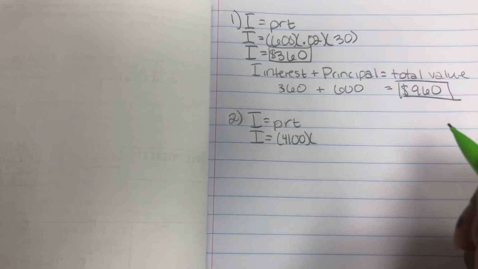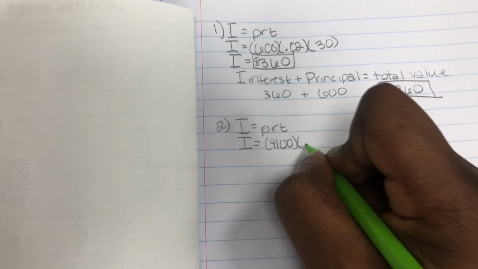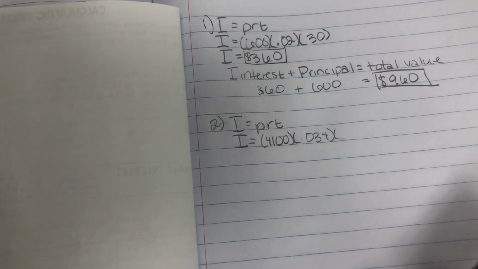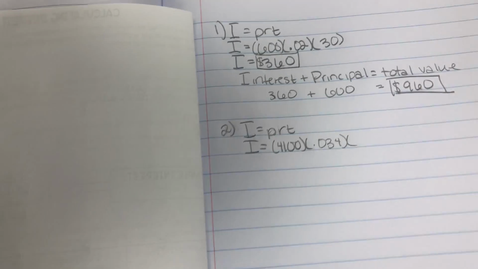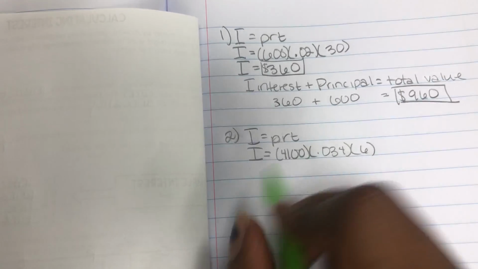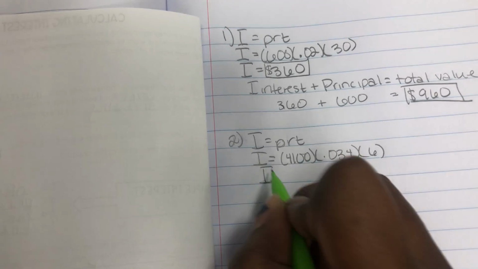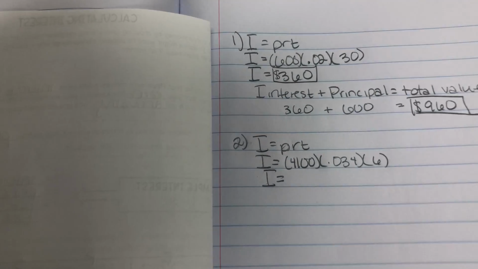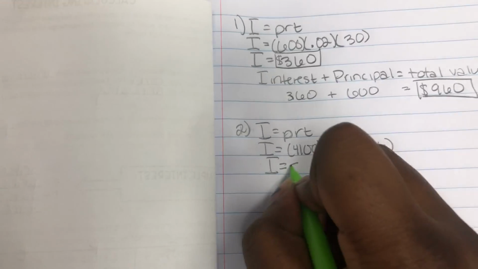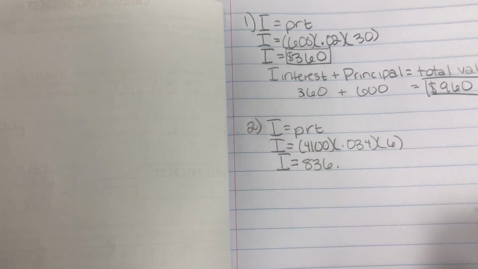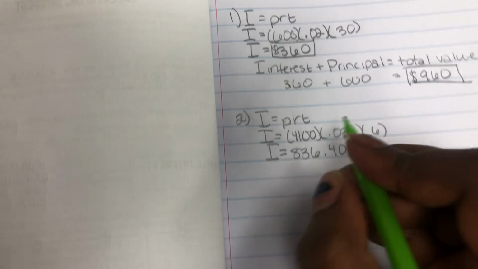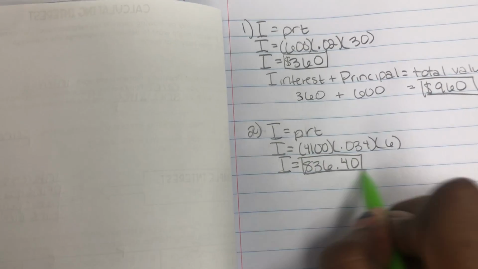Think about it. 0.034. And our time is going to be, we turned that from months into years, and we said it was 6 years. So whenever we go to multiply that together, we get $836.40. Hopefully you got that. So there's our interest.